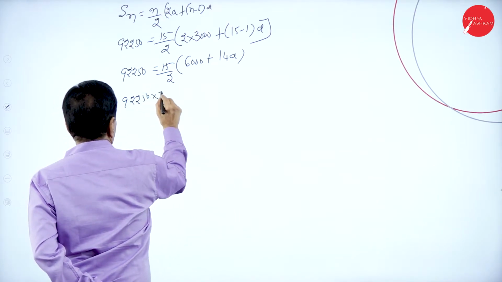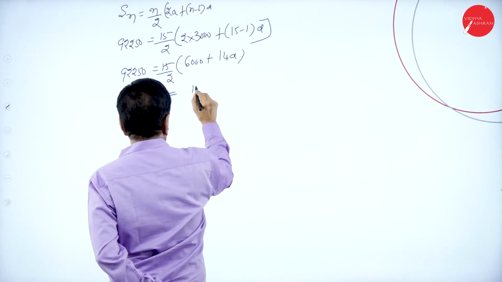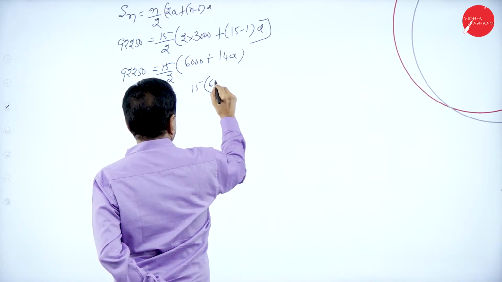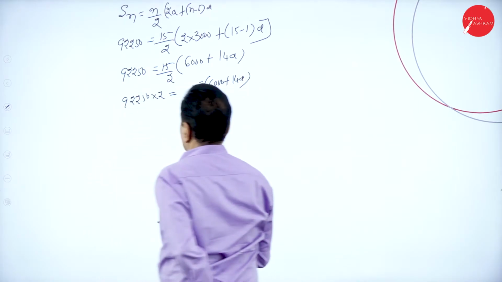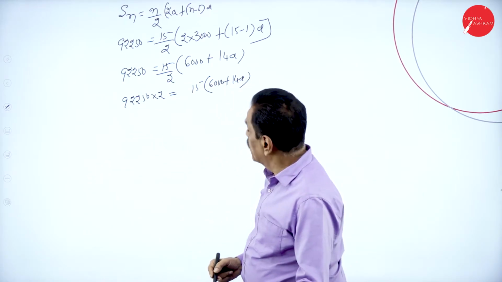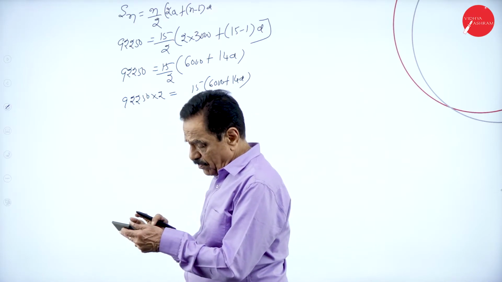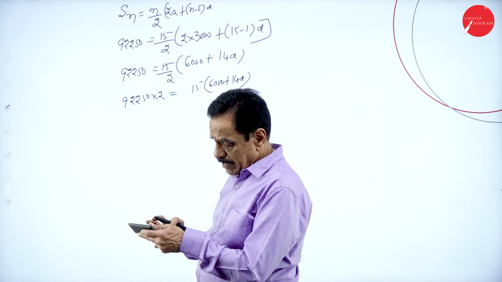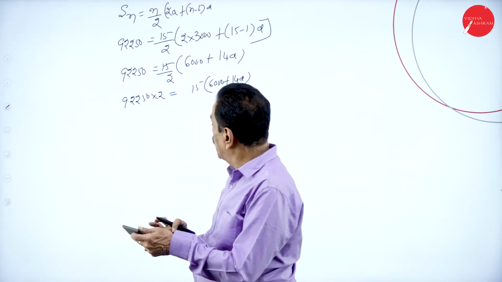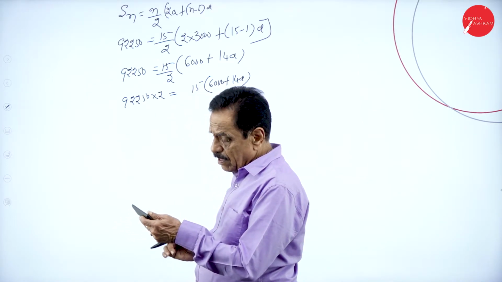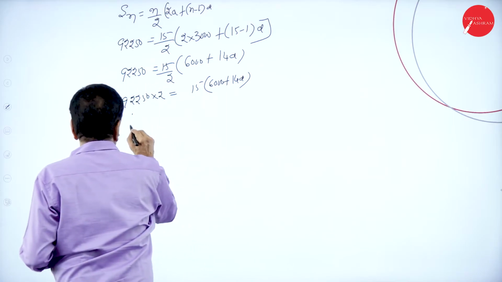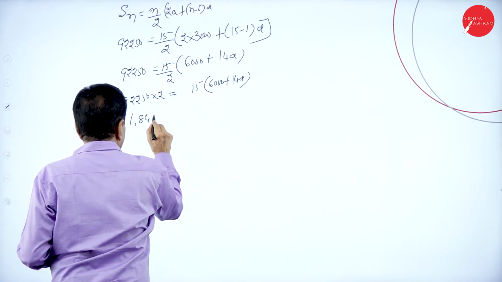92,250 into 2 is equal to 15 into 6,000 plus 14D. Multiply 92,250 into 2, that is 1,84,500.